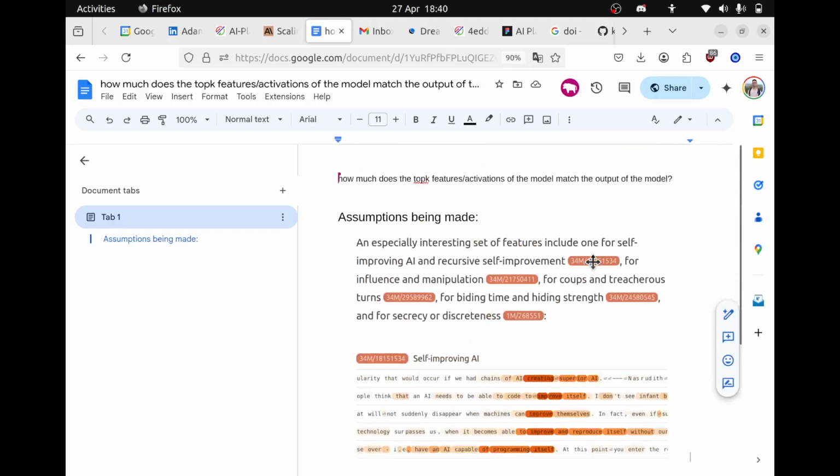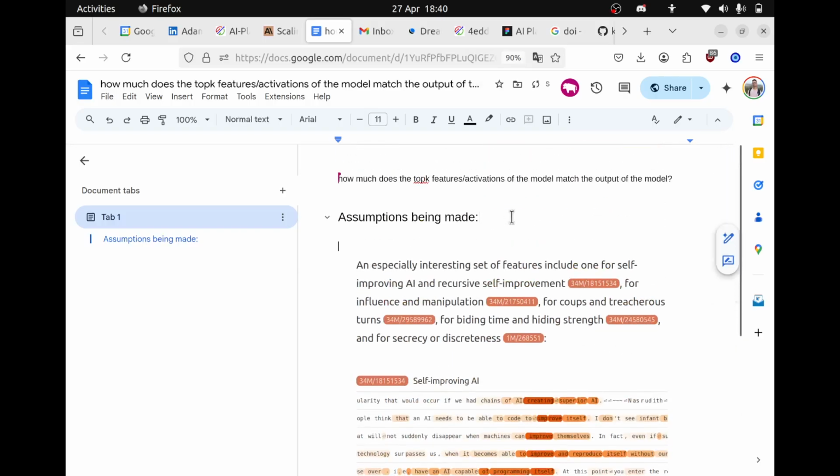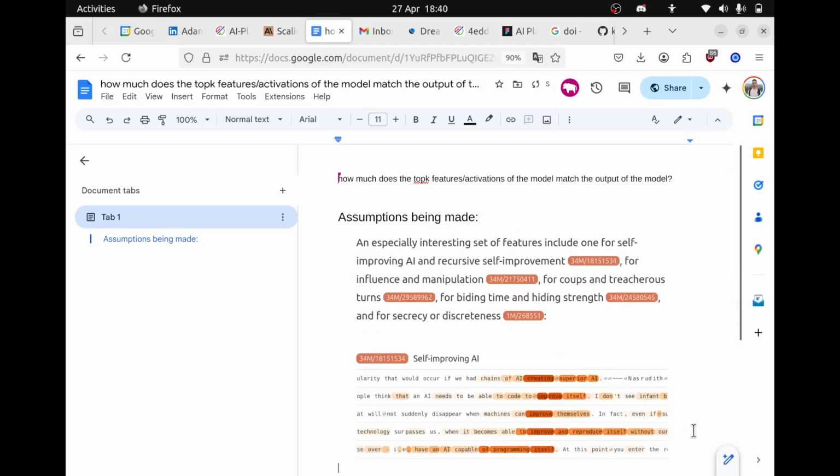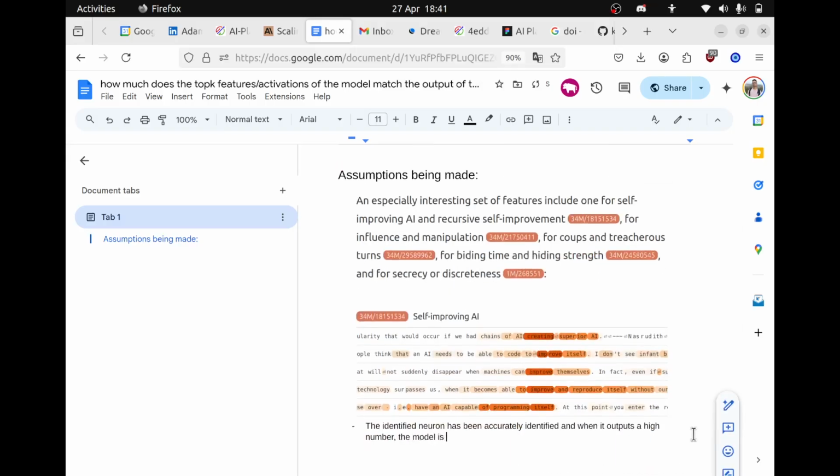So one of the assumptions being made is that this neuron we identified has been accurately identified, and when it outputs a high number, the model is having internal thoughts, quote unquote, about the identified topic, right?